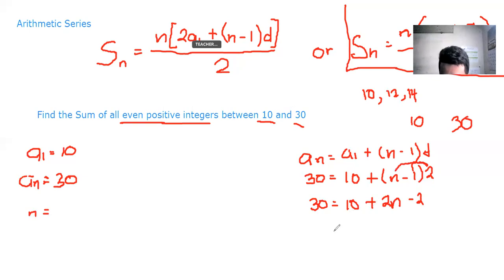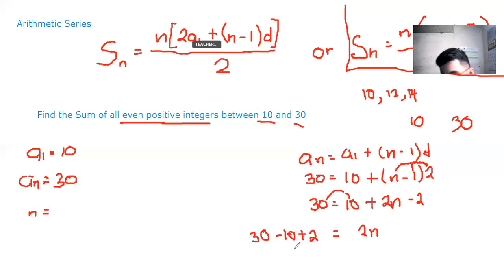Then, combine. Then, anong sunod na gagawin? Move natin si 10 and si negative 2 to other side of the equation. Magkakaroon tayo ng 30 minus 10 plus 2. Then, dito magiging si 2n na lang.